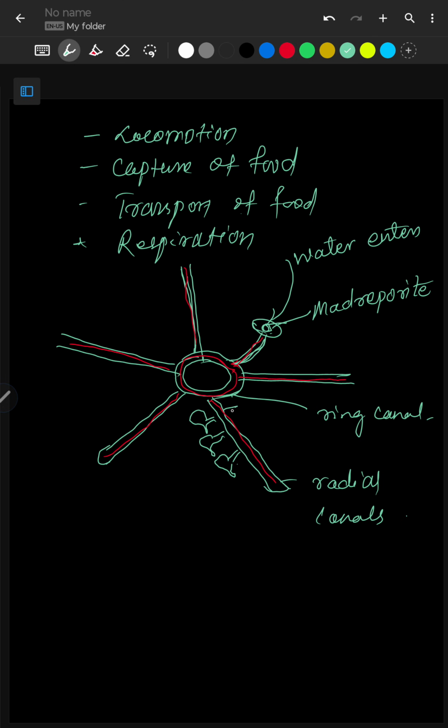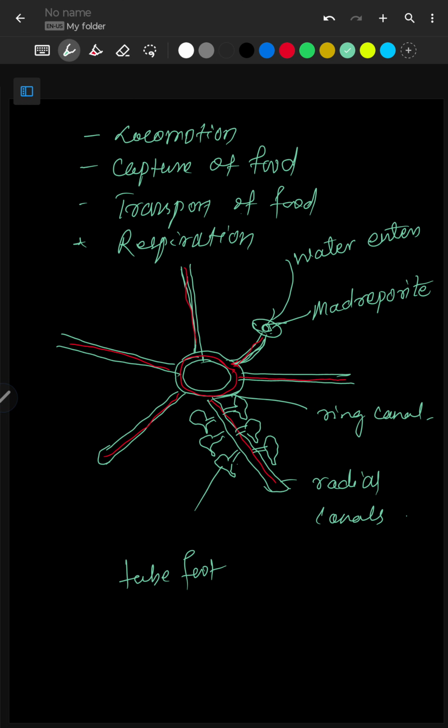Okay, so on both sides, or you can say the lateral side of the radial canal, the flask-shaped structures are there. When the water enters, they fill with water, and when the water exits from them, these pouches, or flask-shaped structures, which are called tube feet, contract and relax because of the movement of water through them.